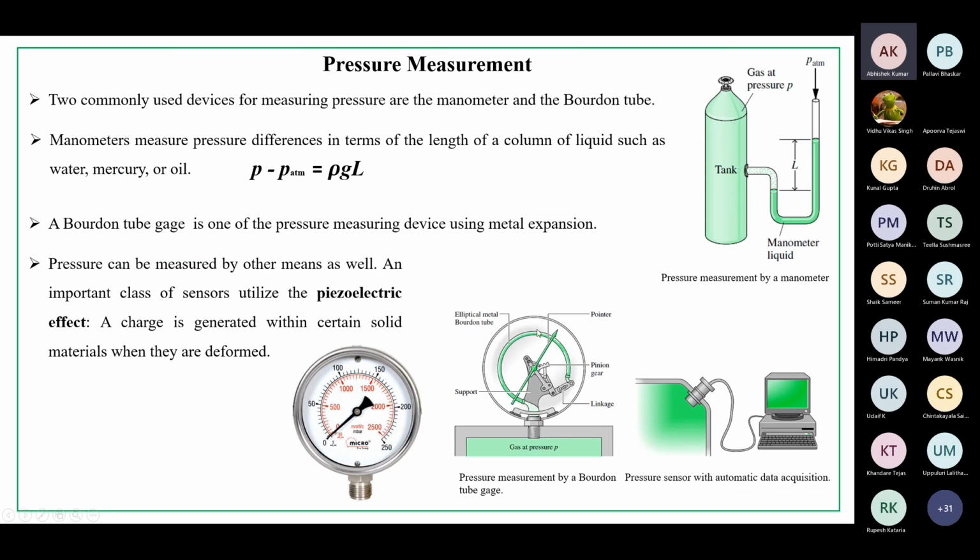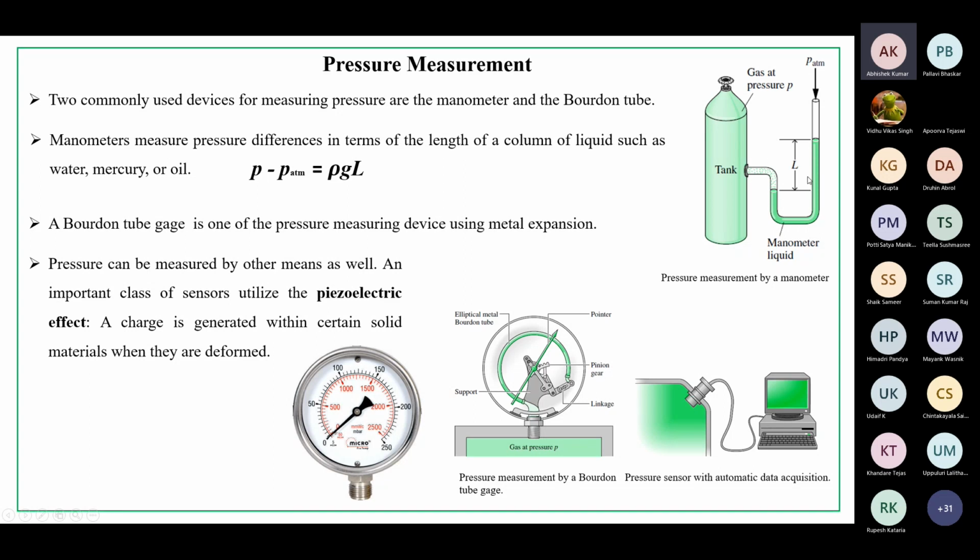Then we can measure the pressure in different ways, like this manometer. In the previous semester you might have solved some questions on this in fluid mechanics. We are using different liquids over here. This is the manometer liquid.